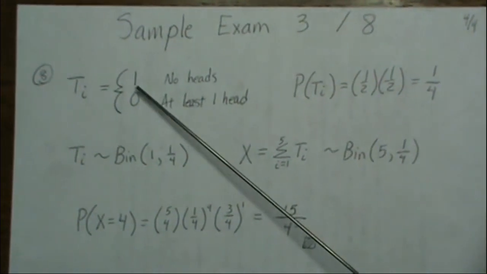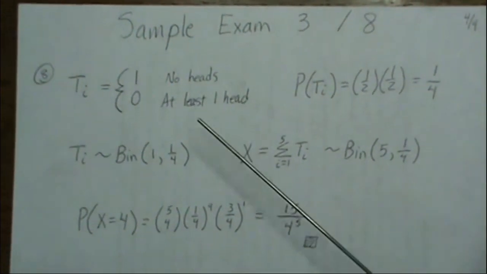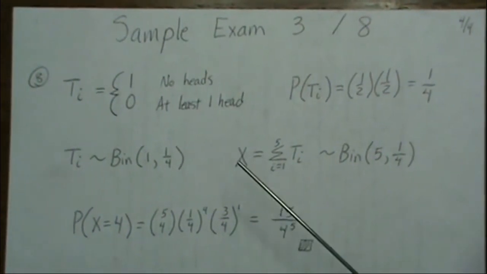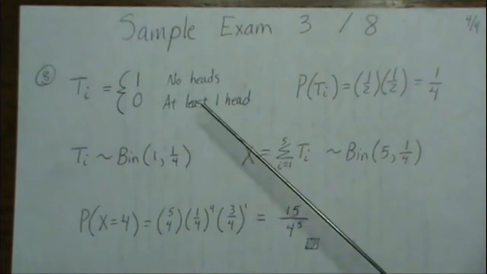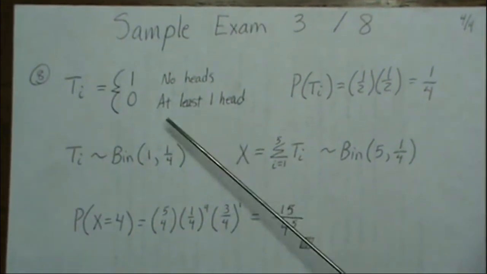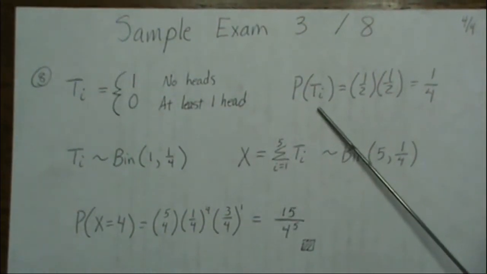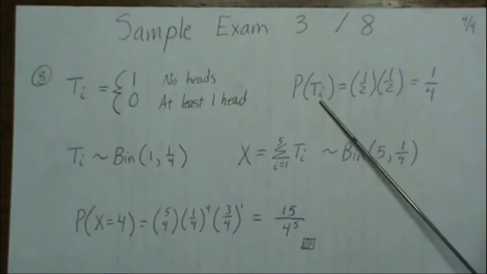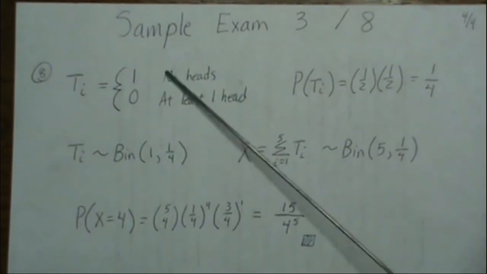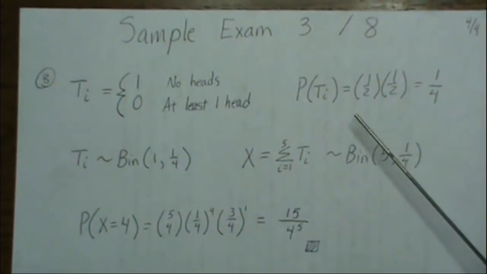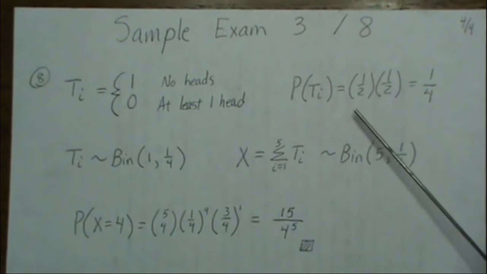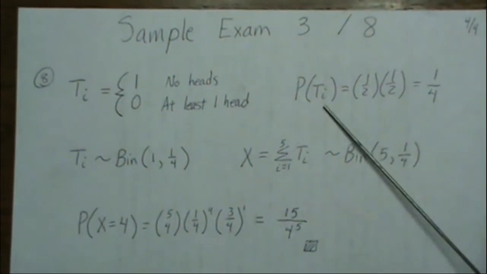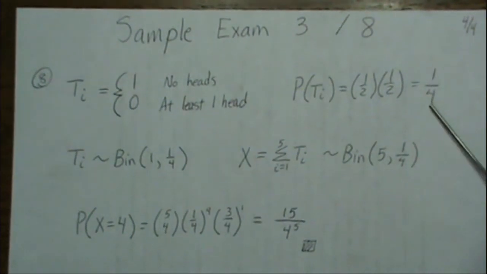It takes on the value of 1 if there's no heads in those 2 coins that are tossed, and it takes a 0 if there's at least 1 head. And so the probability that Ti equals 1 is the probability that we don't have heads. That means we tossed a tail and a tail, so it's 1/4. So the probability that there's no heads is 1/4.